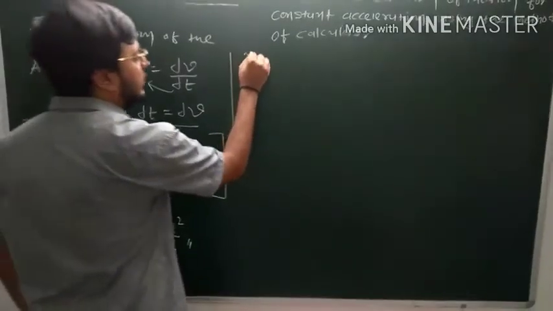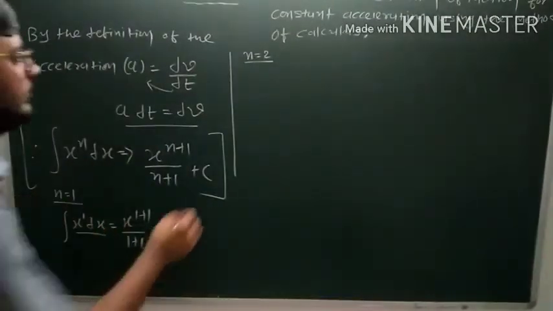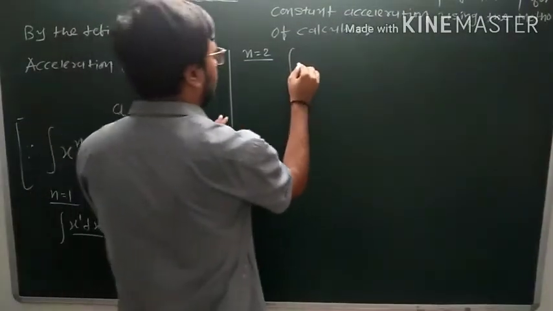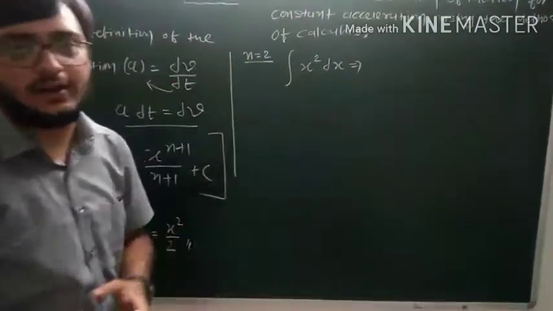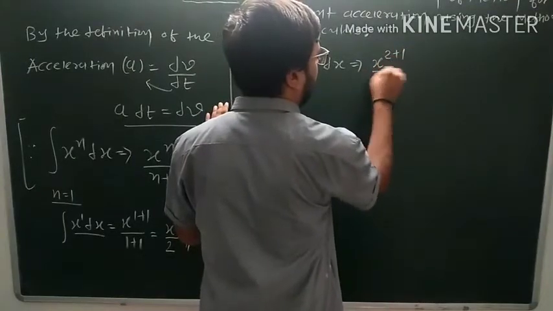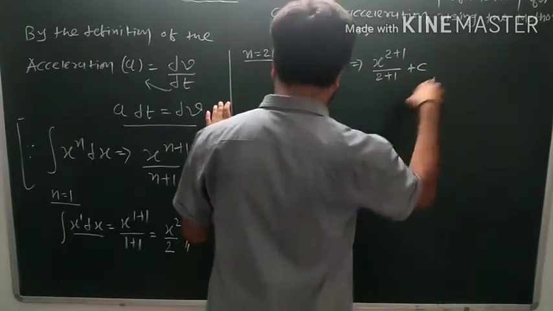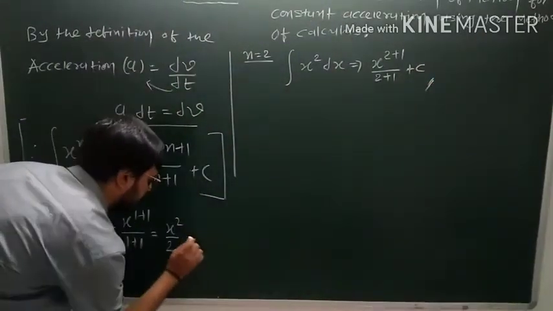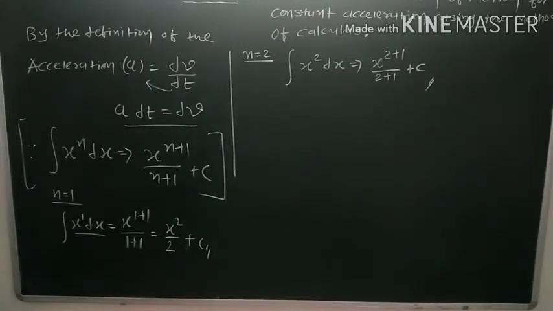Suppose we take n equals 2: the integral of x squared dx is x raised to 2+1 divided by 2+1, plus c. This is how we get the answer.